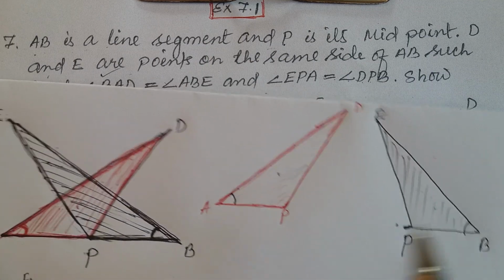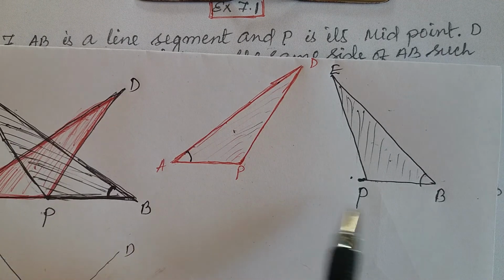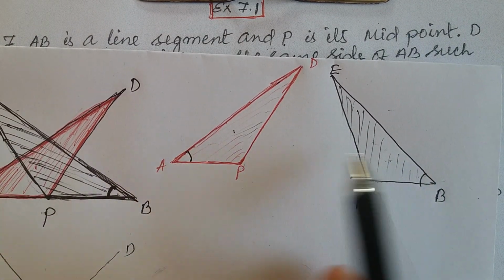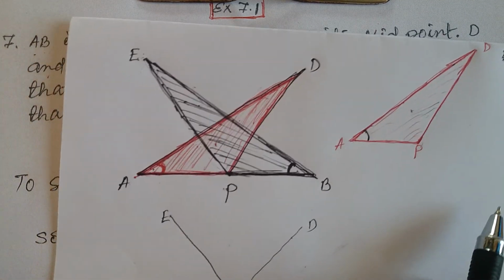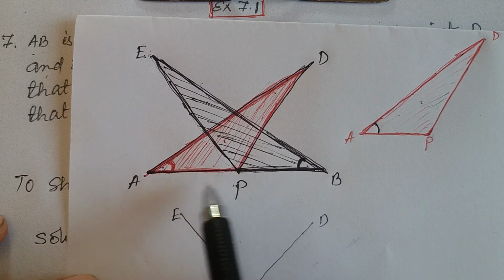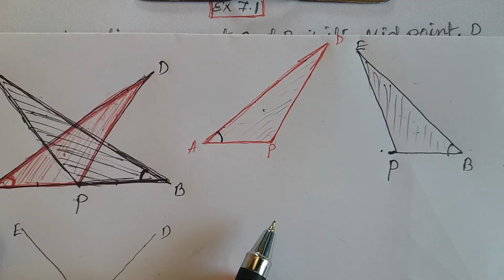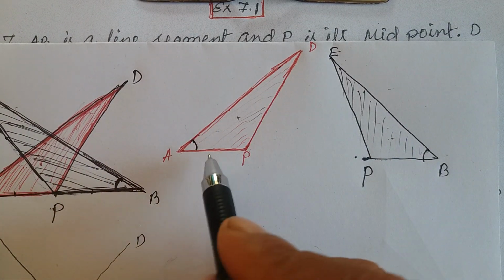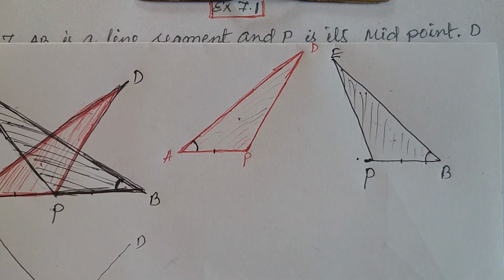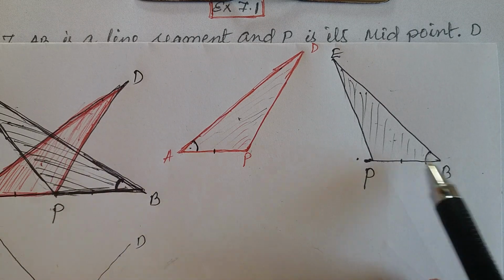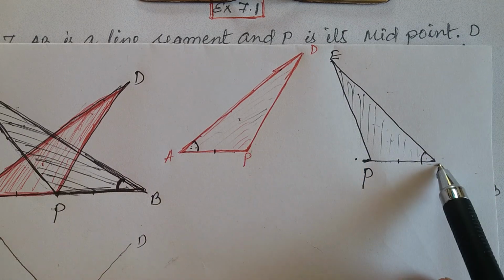According to the question, in these two triangles, this angle and this angle are equal, and B being the midpoint, these sides are equal. So right now what we have is these two angles are equal, and this side and this side.